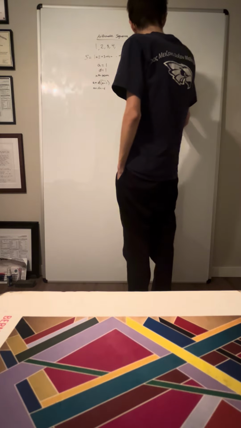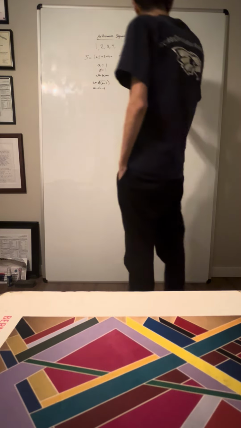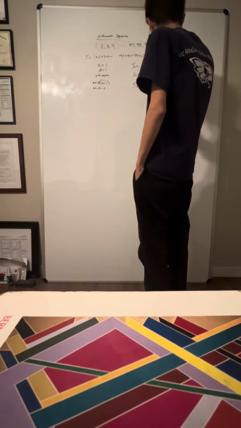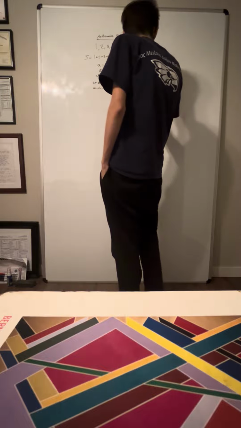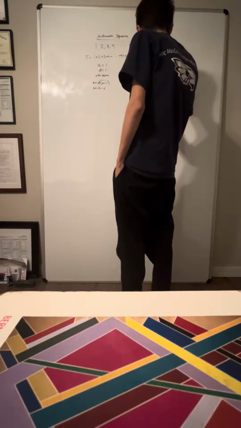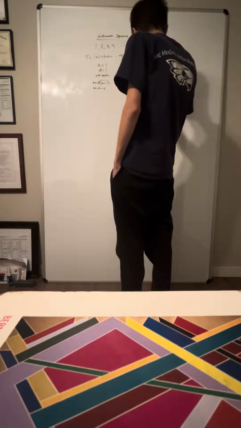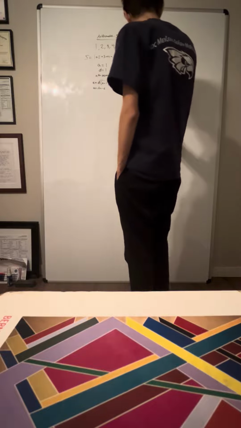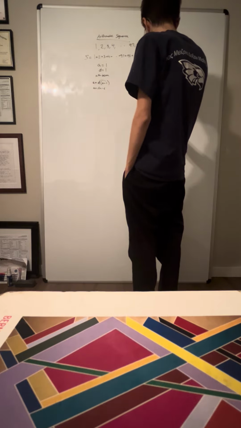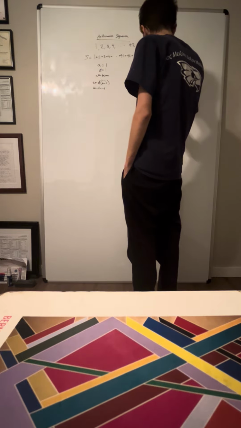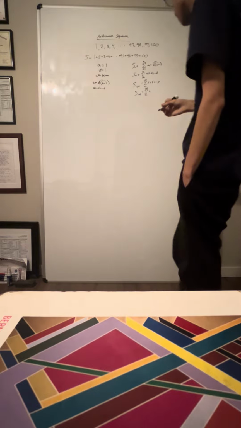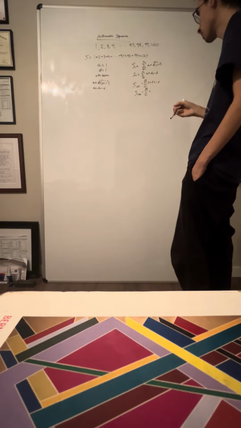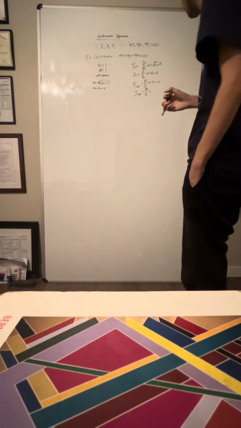The 1 times x doesn't do anything, and the plus and minus 1 cancel out, so we can't reduce this any further. We're just left with the summation of these 100 terms, from x equals 1 to 100 of x. And we're left with the question of how do we deal with this?